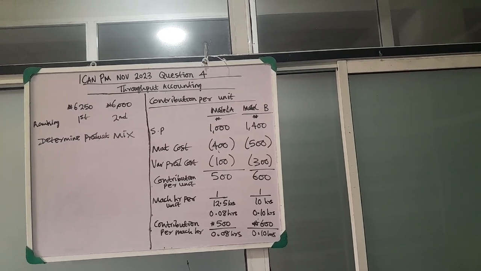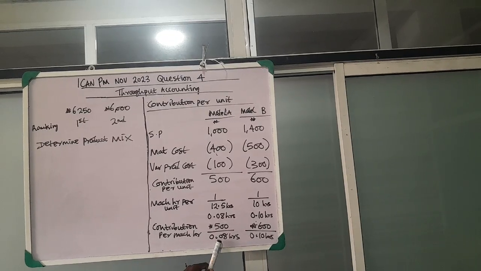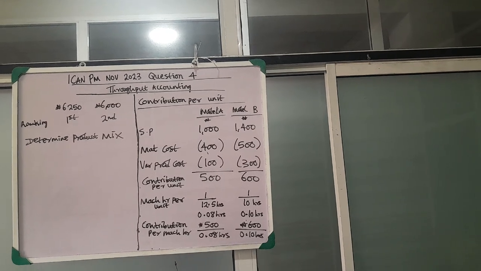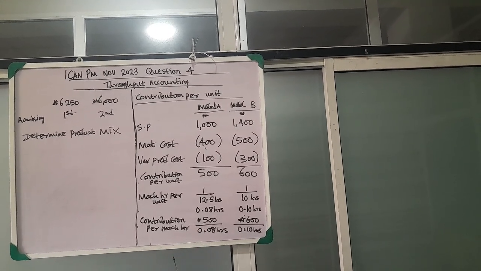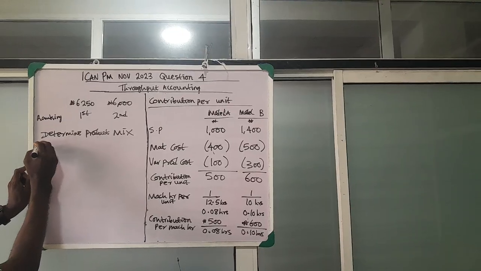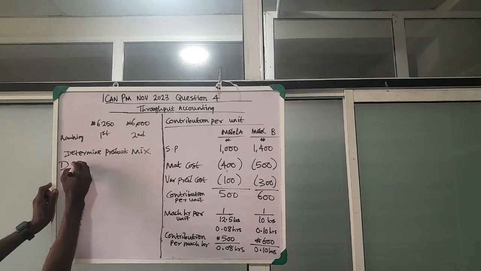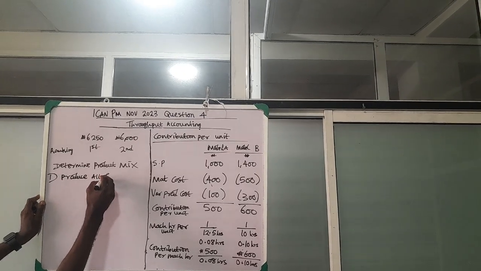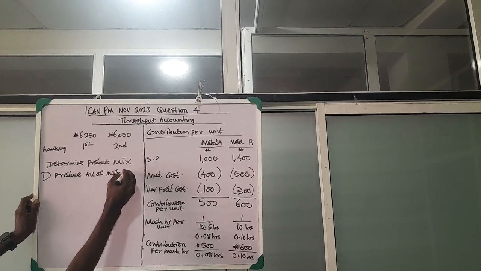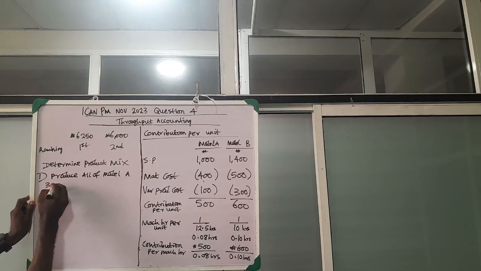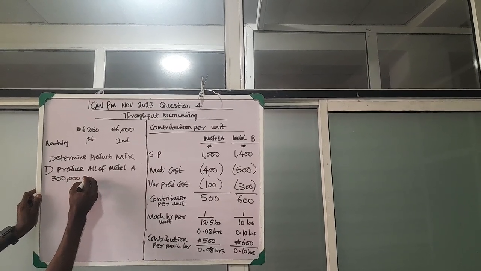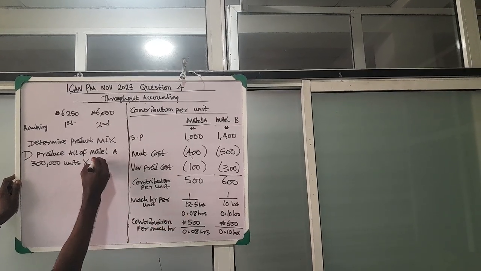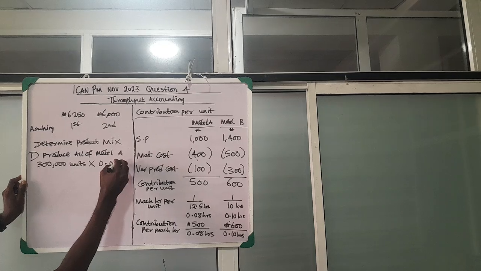So we say produce all of model A, 300,000 units times the machine hour per unit of 0.08 hours.